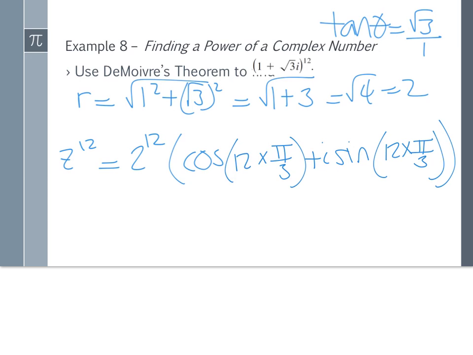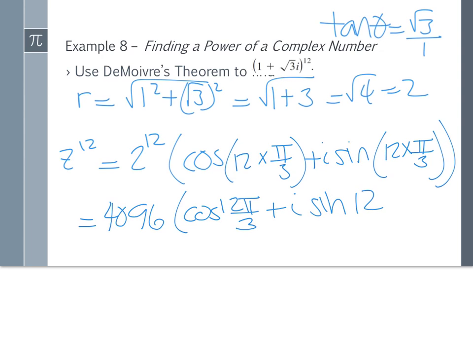So 2 to the 12th power is 4,096. We have 12 pi over 3 for cosine, 12 pi over 3, plus i sine 12 pi over 3. And 12 pi over 3 is 4 pi, so you can just say 4 pi here and 4 pi here.